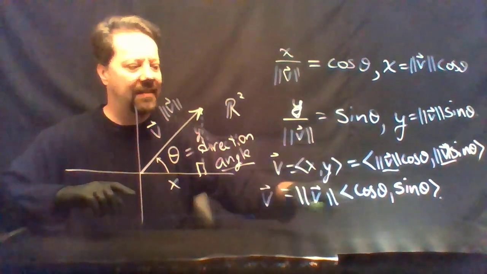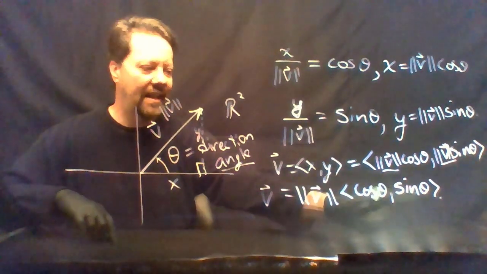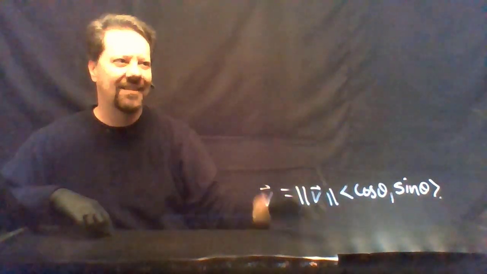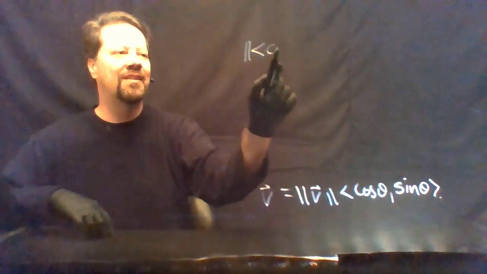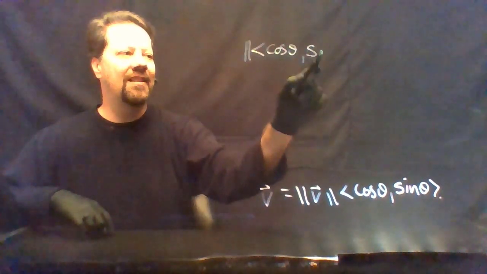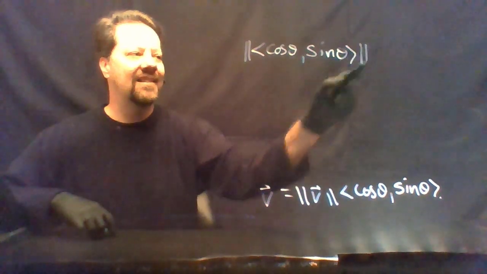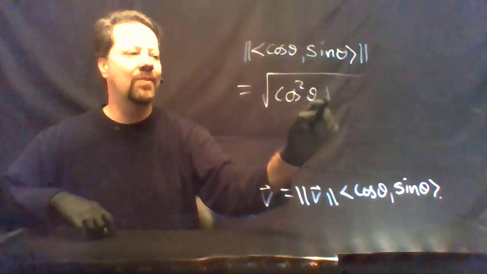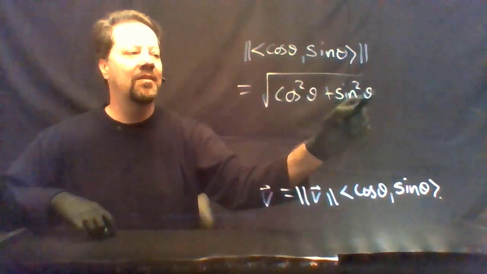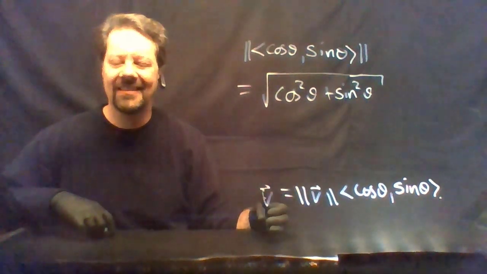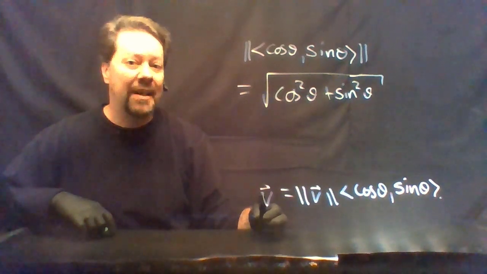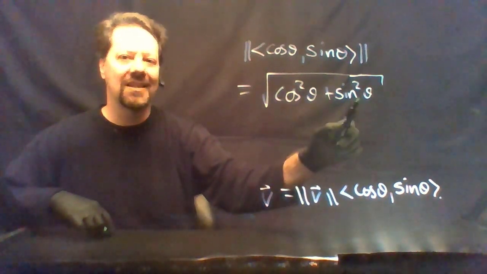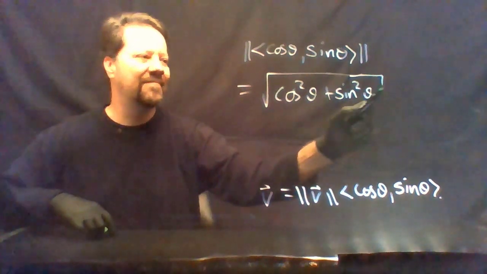I want you to think about the length of this vector, angle bracket cosine theta, sine theta. The norm of cosine theta, sine theta is the square root of cosine squared theta plus sine squared theta. But by the Pythagorean identity, cosine squared theta plus sine squared theta is equal to 1.